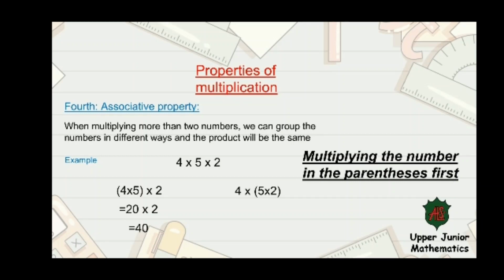While in the second case, we also solve what's inside the bracket first. 5 times 2 is 10, so now it's 4 times 10, which is again 40. So different ways of grouping the numbers will give you the same answer. This is the meaning of the associative property.